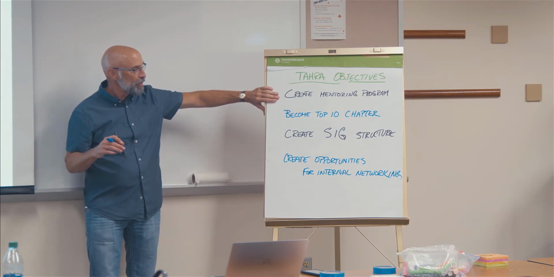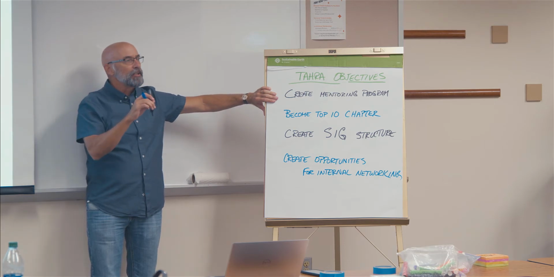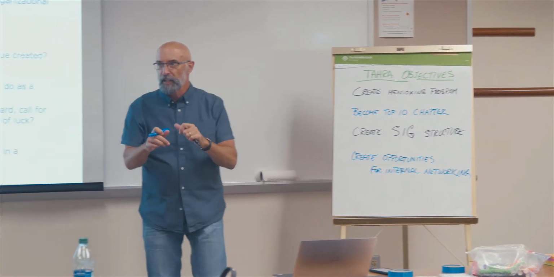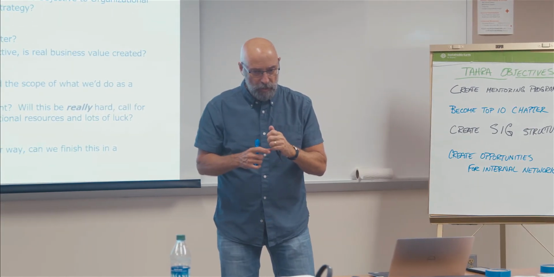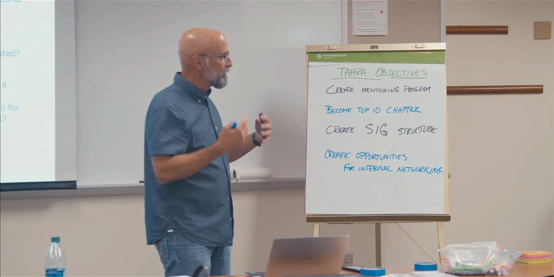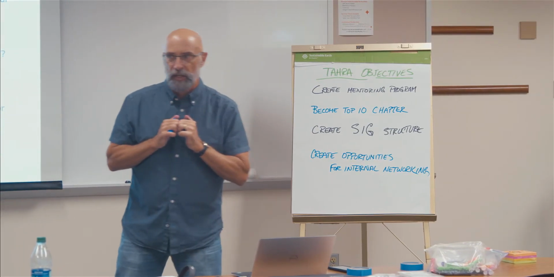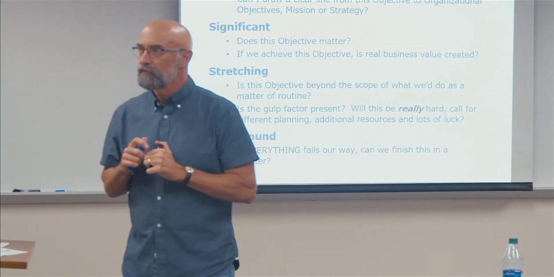So I tell you what, we're going to start with the top one, create mentoring program. Now by the way, let me shift hats for one moment. What I've found about OKRs and really embracing this is that we get ruthless in a really good way.